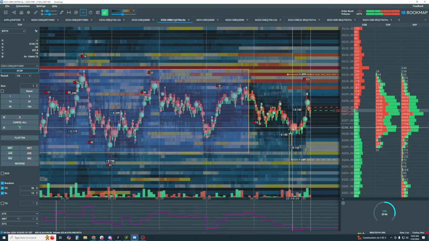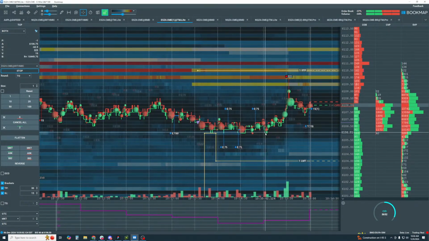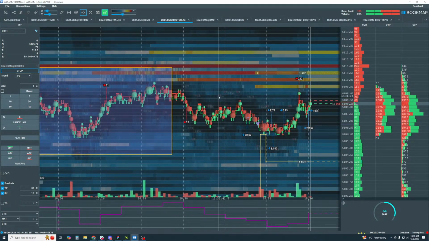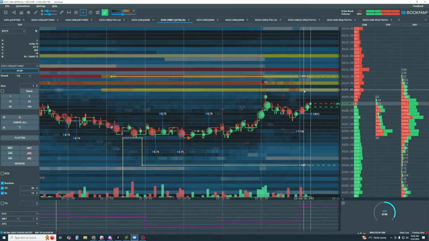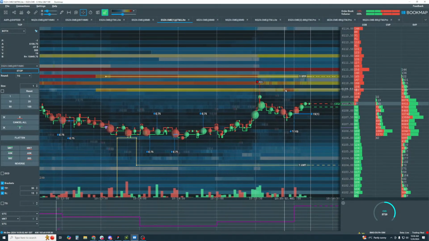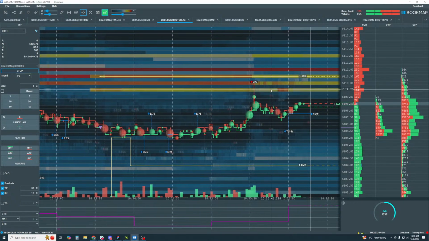We do see some sellers here, and then what happened here? We didn't find sellers. We found buyers back here, and they tested back up into here. They are likely to test here now, and here, and here. 609 and a half, 610, 610 and a half.